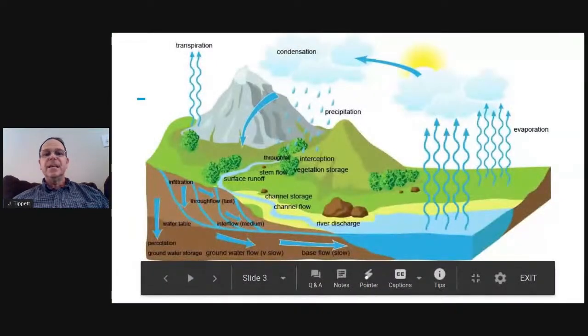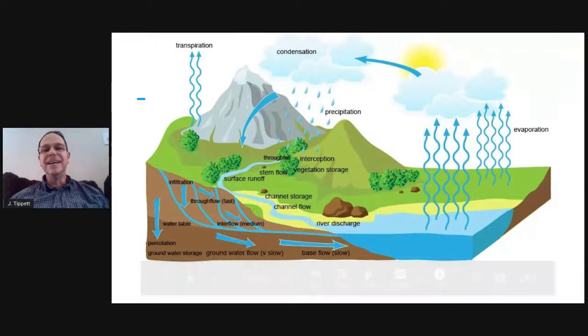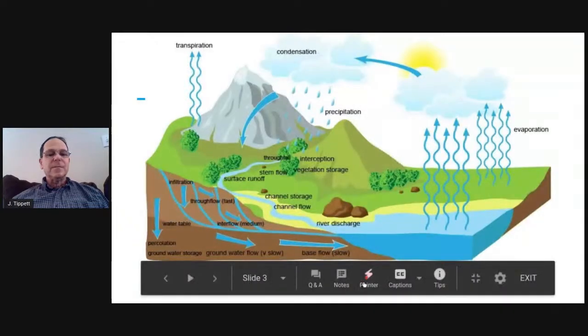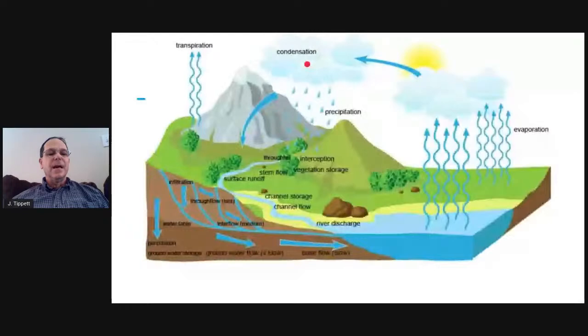You've been seeing the water cycle since probably third grade, right? So let's start with that. The water cycle starts, of course, with evaporation. Water goes through the sky, condenses back down, and precipitates back down onto the land, where then it runs off and carries a bunch of things with it as it runs off.